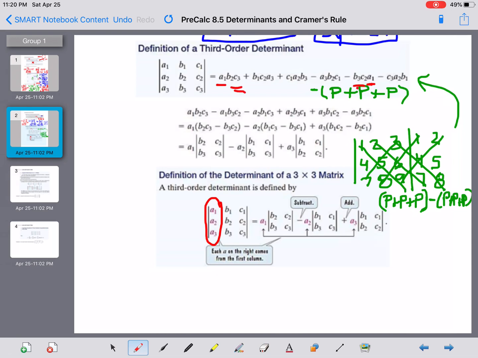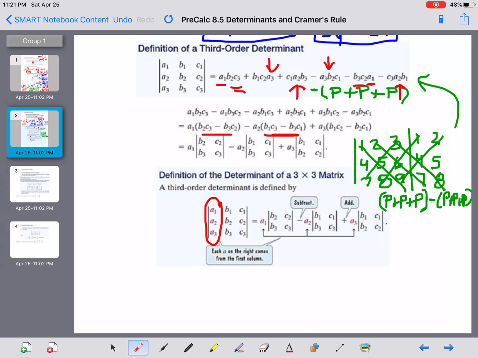So they have this in the middle. Then they found their A2s, so that's my second element here, and I have an A2 here, and an A2 here. Again, they factored the A2 off, and they left what was remaining. And then the last one, I have an A3 here and an A3 here. They factored that off and they left what was remaining. What this ends up being is called expansion by minors.